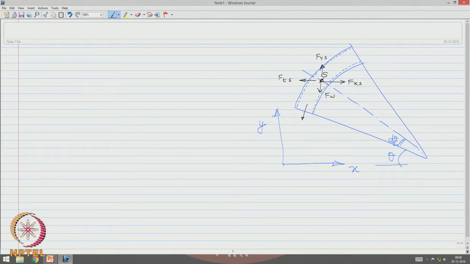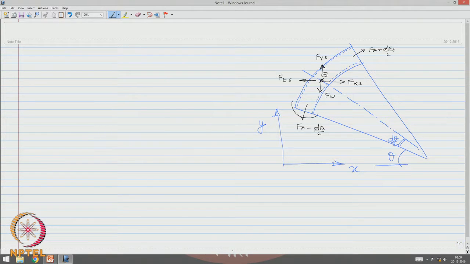There will be incremental force variation between the left and right boundaries of the strip. Let us say this is going to be Fa minus dFa by 2, whereas this is going to be Fa plus dFa by 2.